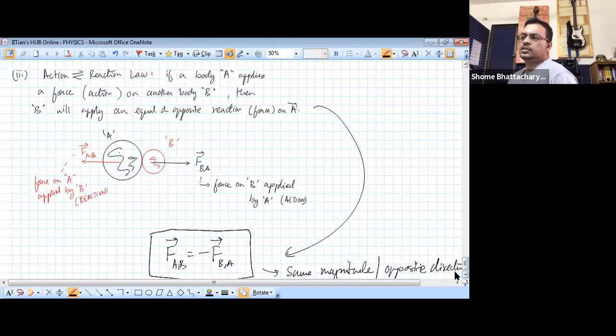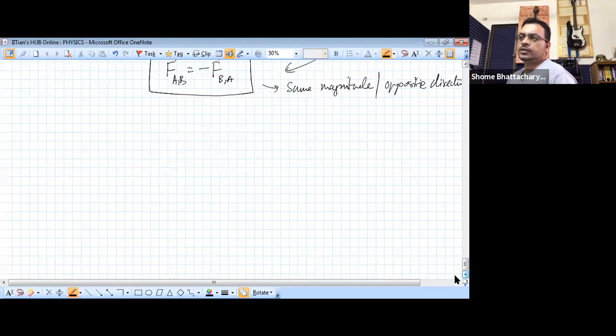Yes, all those angles you can easily find by vector principles. That's not a problem. You've learned enough of vectors to calculate all of this.